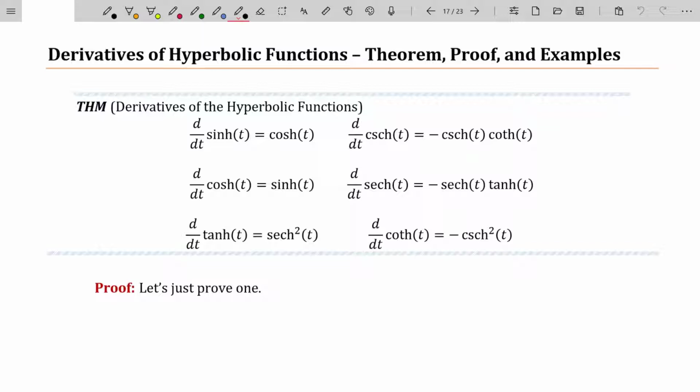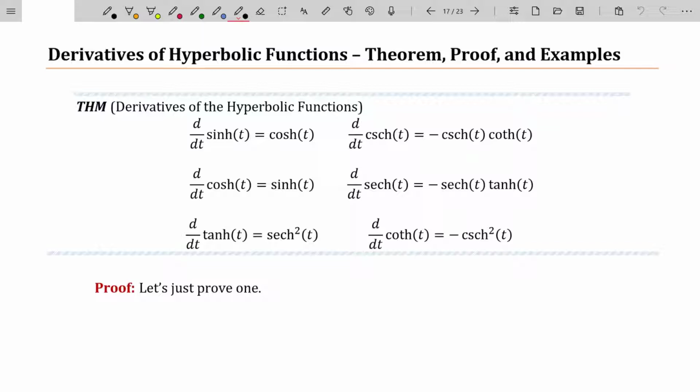Now, I do want to mention up to this moment, because this is what most people are going to skip to if they can, that the derivatives of the basic hyperbolic functions, these guys right here, are generally memorizable. The hyperbolic identities, not all of them are memorizable.